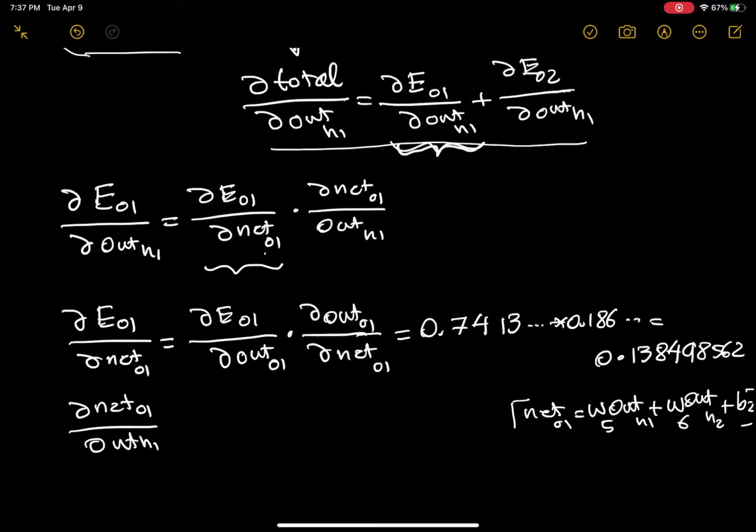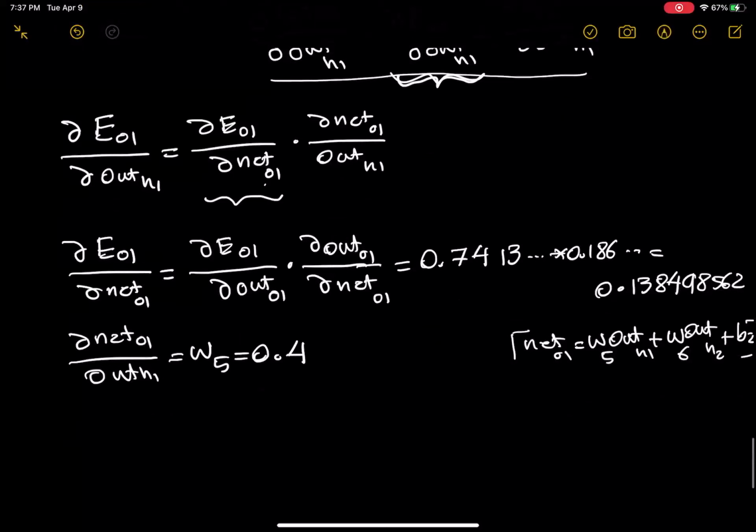If you take the derivative, that directly gives you W5, which is equal to 0.4. Okay, now I have both of these terms.